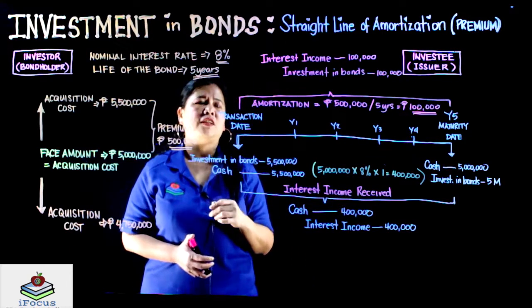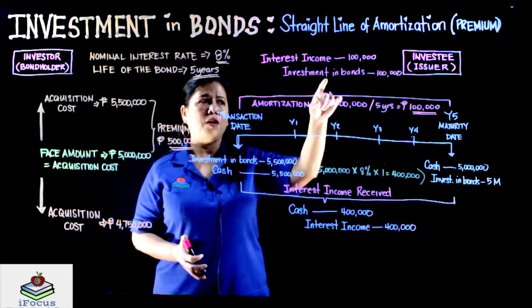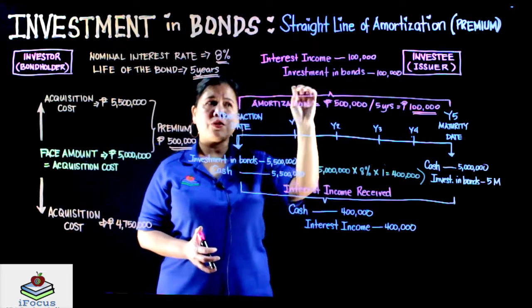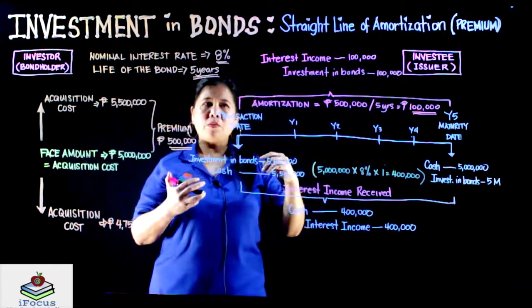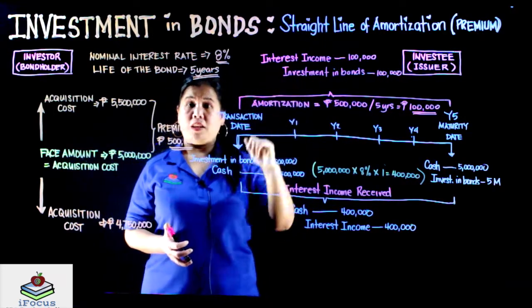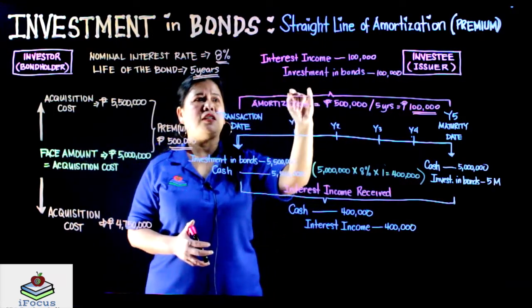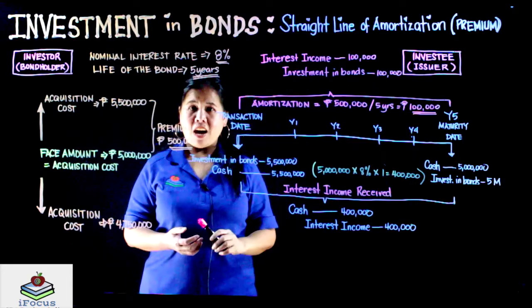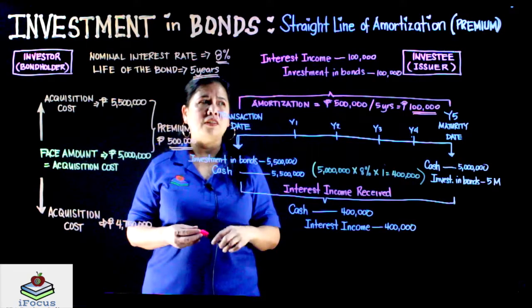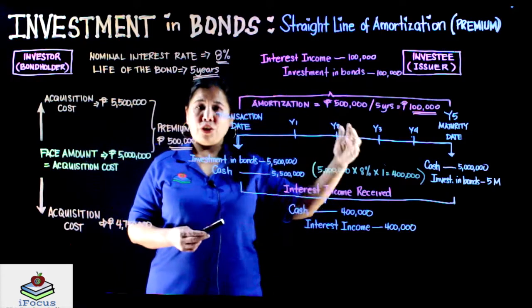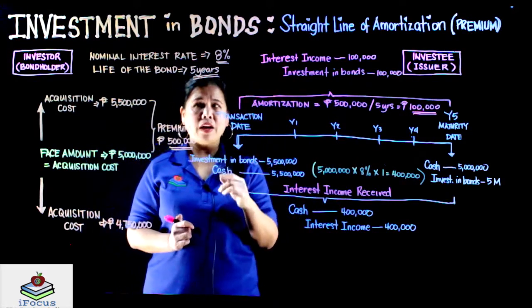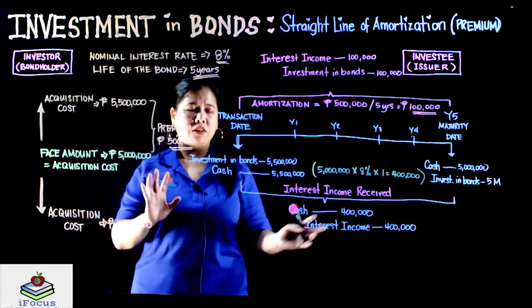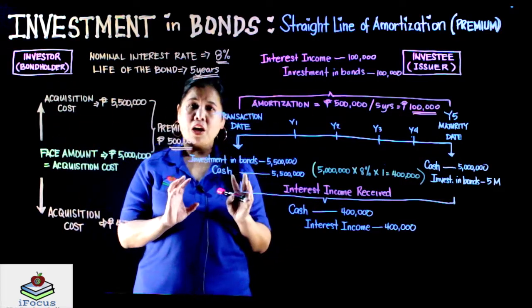Ang ating entry is debit to the interest income of 100,000 and credit to the investment in bonds na 100,000. So, ang ibig sabihin, dinidecrease natin ang ating interest income, dinidecrease din natin ang ating investment account na investment in bonds na 100,000 every year. So, therefore, ang interest income earned by the investor on this example ay 300,000.